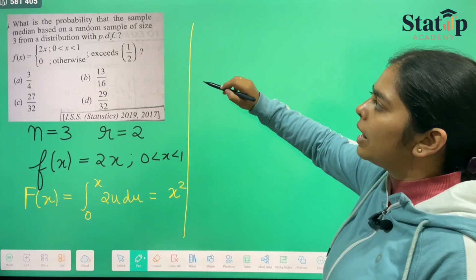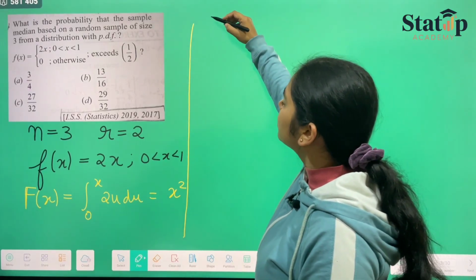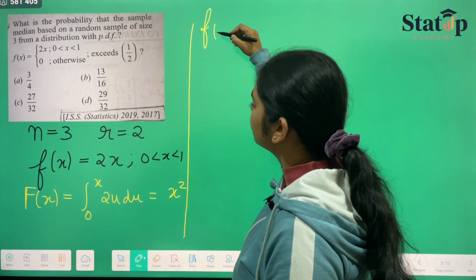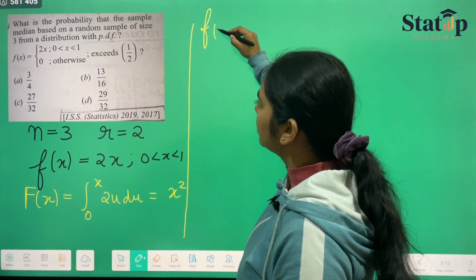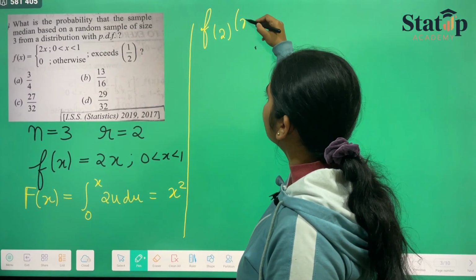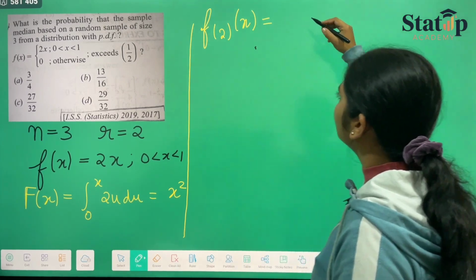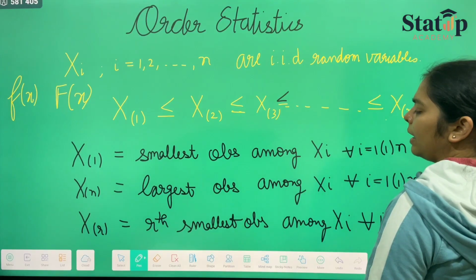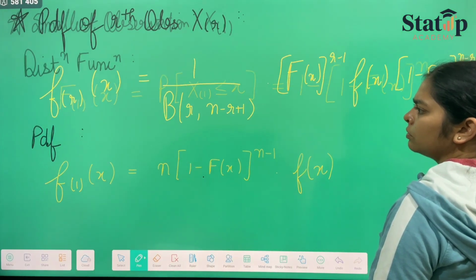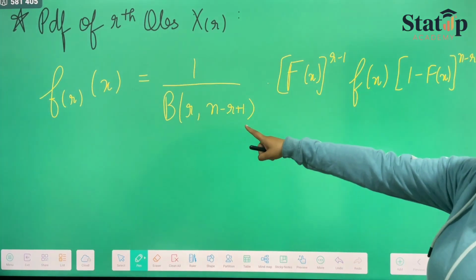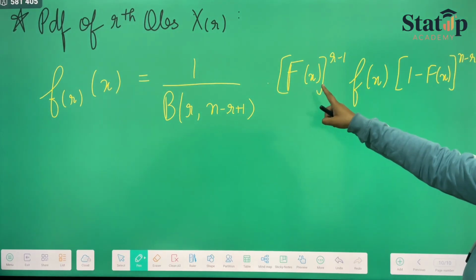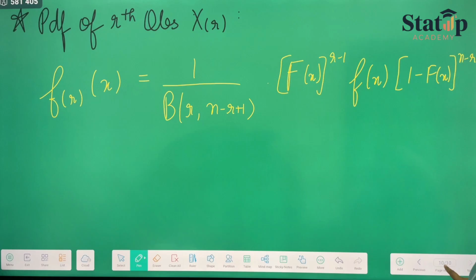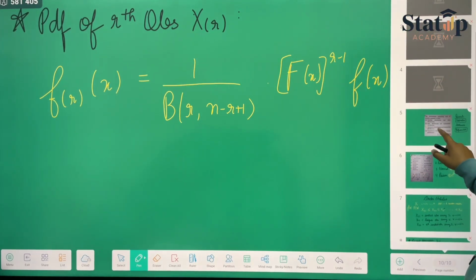Now the formula for the PDF of the rth order statistic, as I have told you, is 1 upon beta(r, n minus r plus 1) into F(x) raised to the power r minus 1, into f(x), into (1 minus F(x)) raised to the power n minus r.